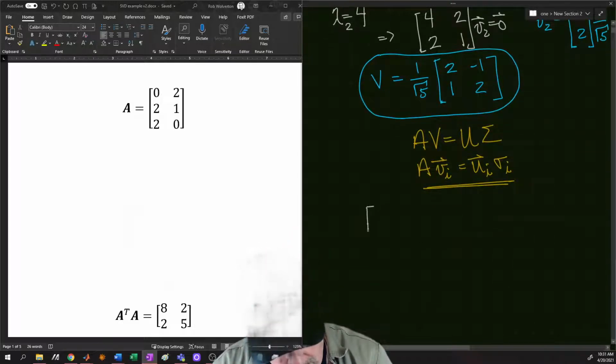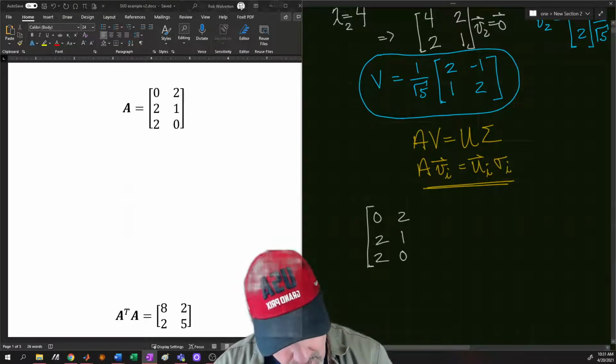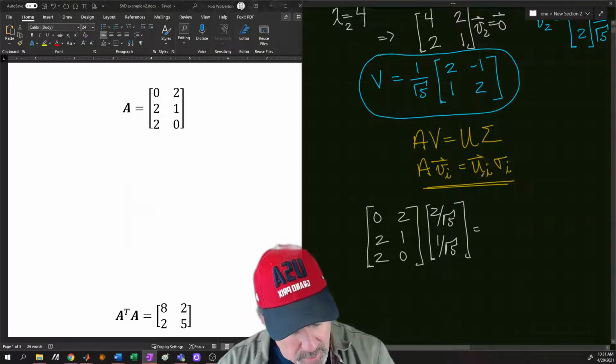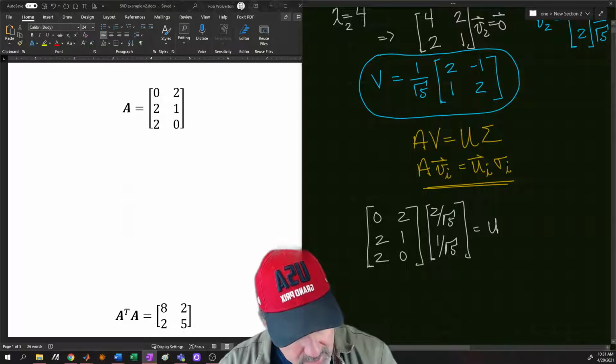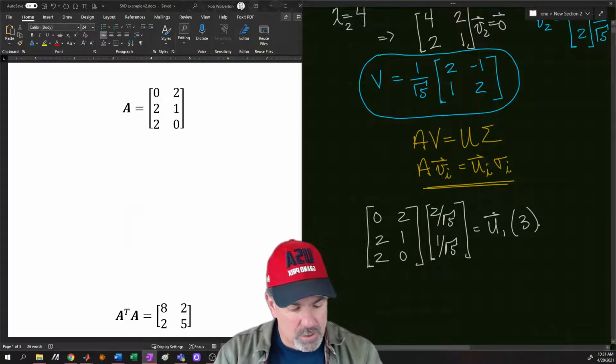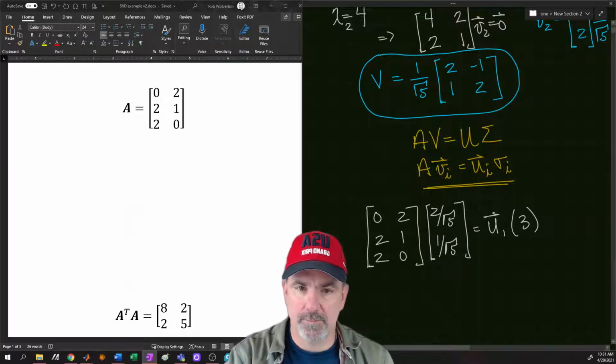We're going to take the A and multiply it times the first V vector, which is a 2 over the square root of 5, 1 over the square root of 5, and that is going to be equal to whatever our U1 vector is going to be times the singular value 3. So we'll do this multiplication and solve. So go ahead, complete this one, and then do the next one as well.